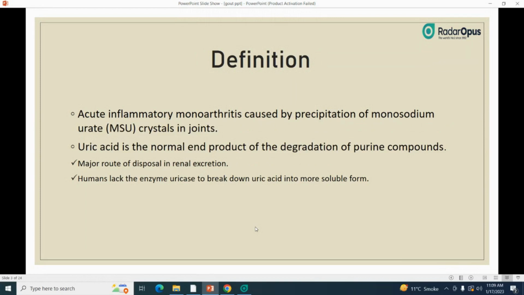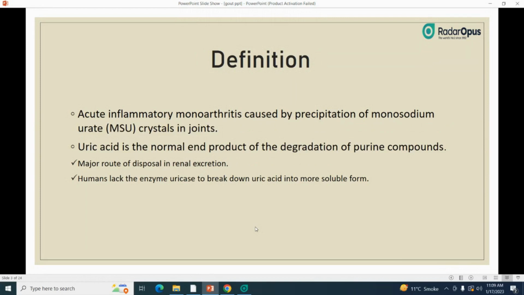So it can be defined as a pathological reaction of a joint or periarticular tissue to the presence of monosodium urate monohydrate crystals. Gout is the most common form of inflammatory arthritis and is characterized by acute intermittent episodes of synovitis presenting with joint swelling and pain.